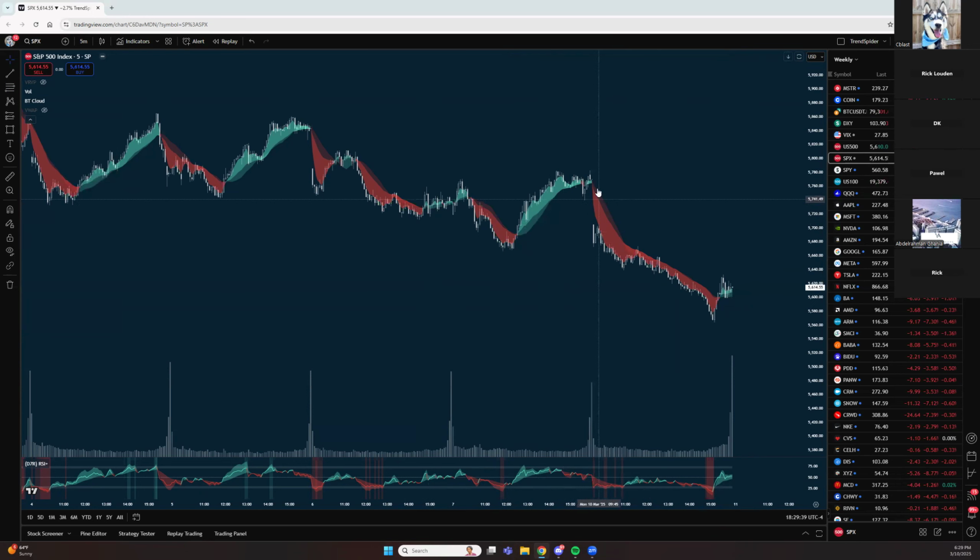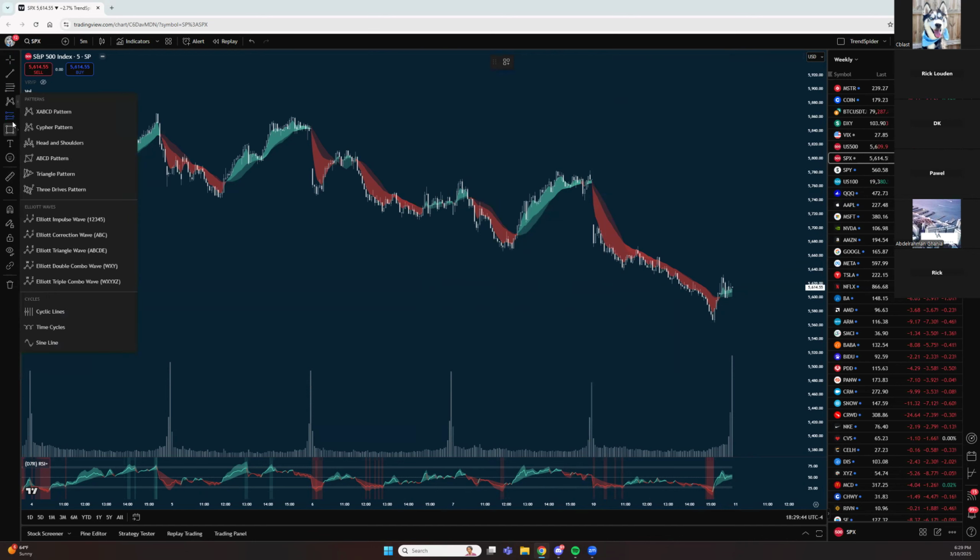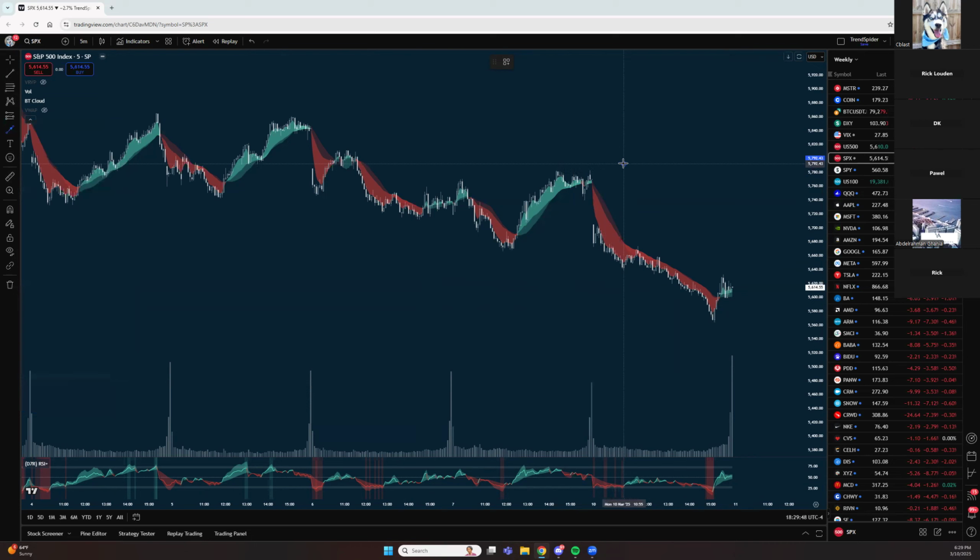My personal thing, at least for the challenge, has been to wait for the 5 minute BT cloud to flip for the entry, which, since we gapped down overnight, we never got the flip. But reviewing back, there was one GZ entry here. If you mark the 15-minute ORB from those candles, we retested.